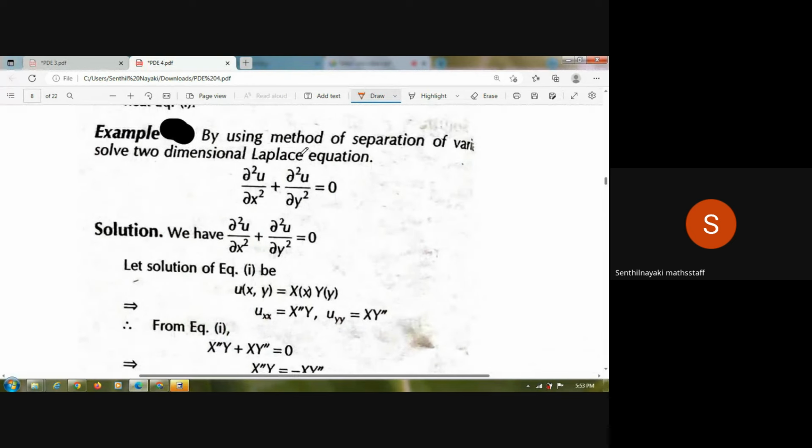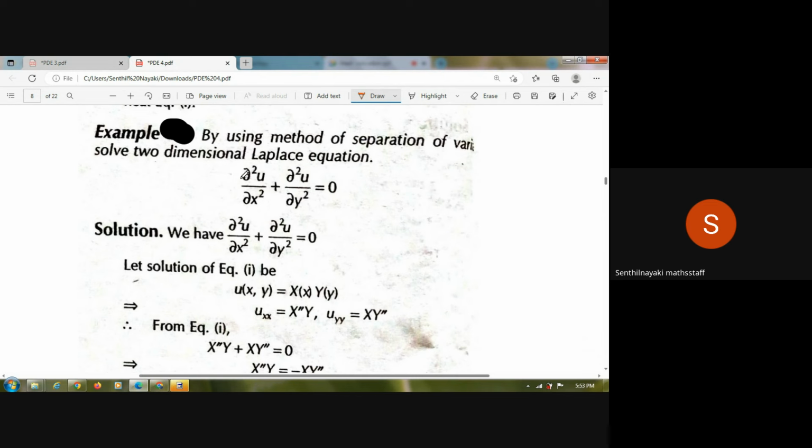Okay, next question is the solution procedure for the two-dimensional Laplace equation, that is dou square u by dou x square plus dou square u by dou y square equal to 0. So here there is no time variable as well as time derivative, because here we are assuming the steady state.